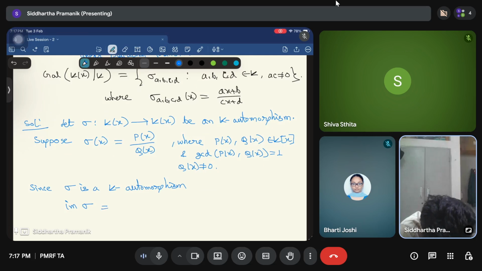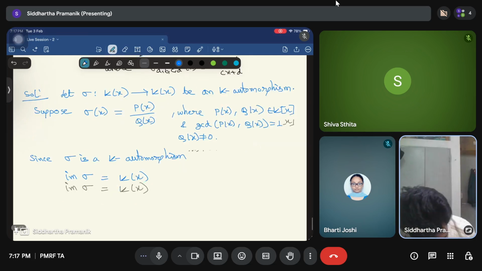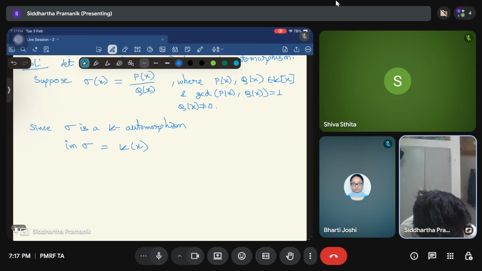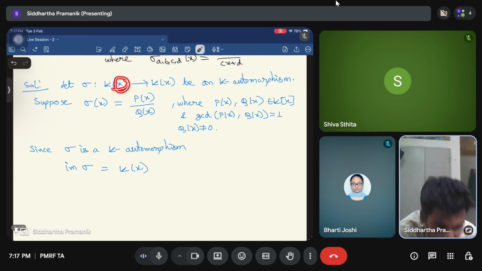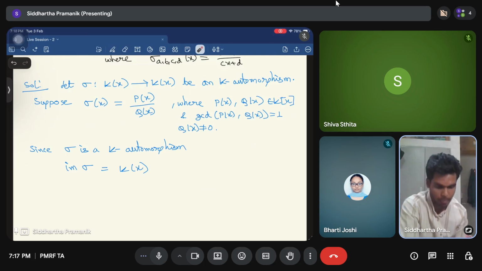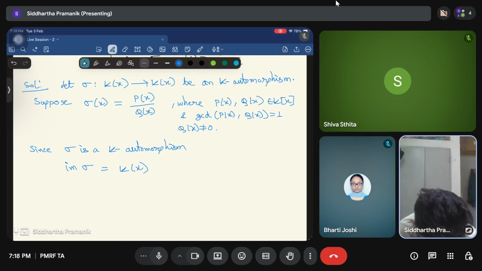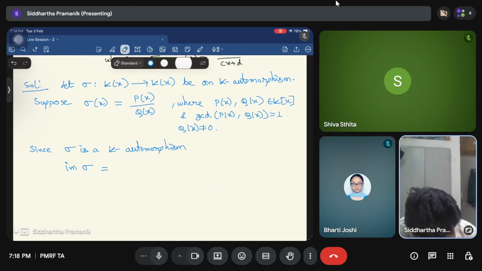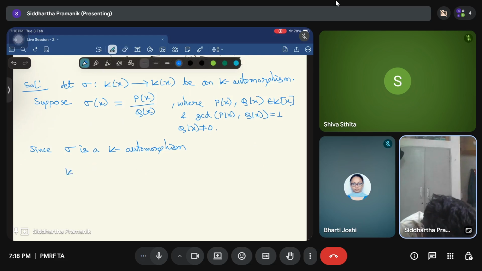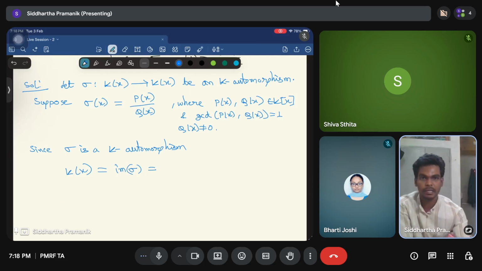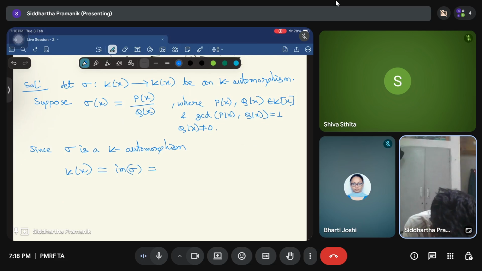It has to be the whole k(x), but k(x) is generated by this single element x, right? So let me write this. k(x) is equal to the whole image because it is surjective, but it has to be generated by the image of x because it fixes k.